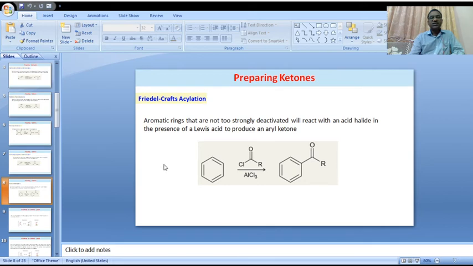Aromatic rings that are not too strongly deactivated will react with an acid halide in the presence of a Lewis acid to produce an aryl ketone.